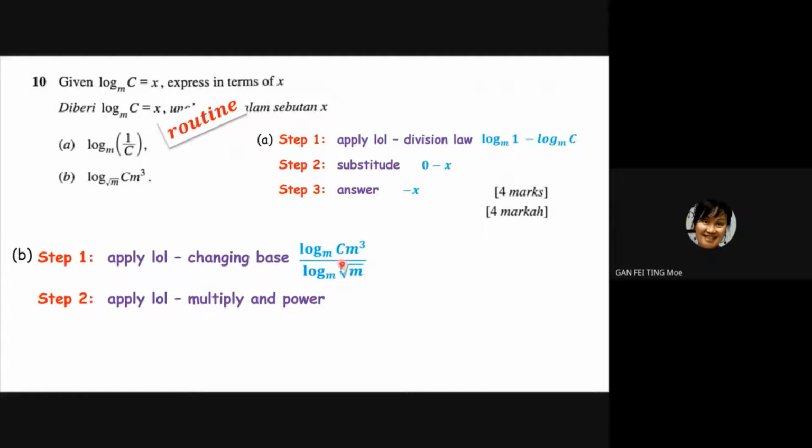What is the power of this? Half. Yes, half. Very good. So I do a few things in one line. I apply the multiplication law where C times M is split into plus, and the square root of M has changed to power half, right?